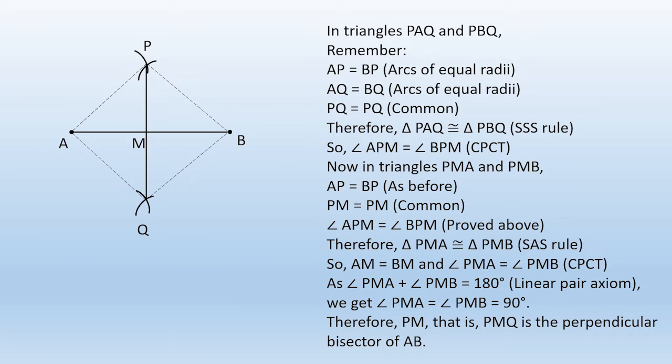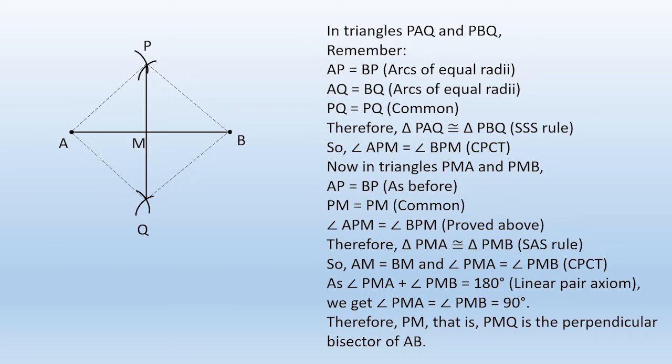AQ is equal to BQ, arcs of equal radii. PQ is equal to PQ, common. Therefore, triangle PAQ is congruent to triangle PBQ by SSS rule. So, angle APM is equal to angle BPM by CPCT. Now in triangles PMA and PMB, AP is equal to BP.